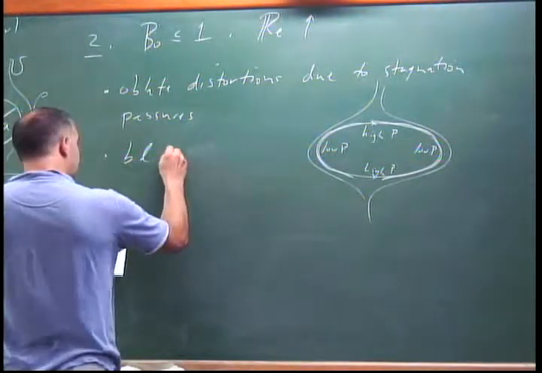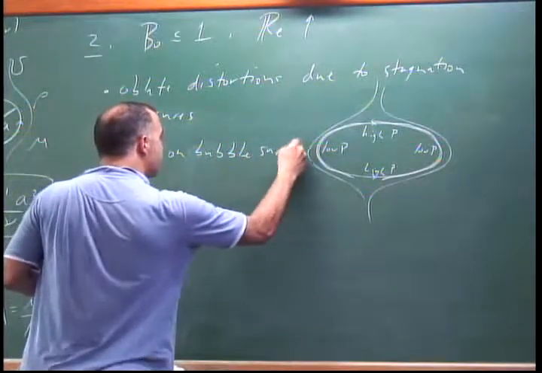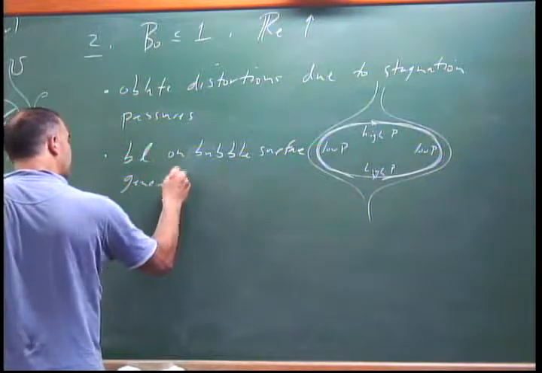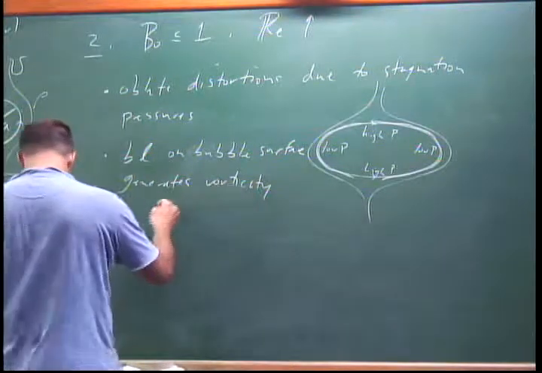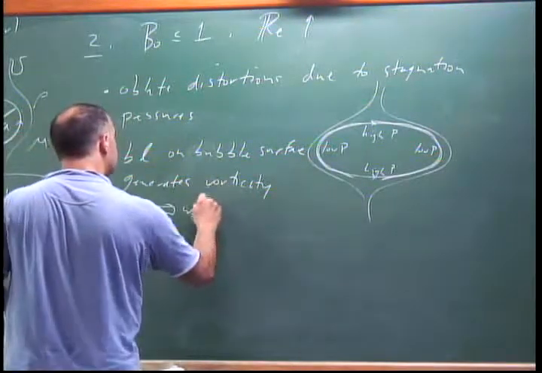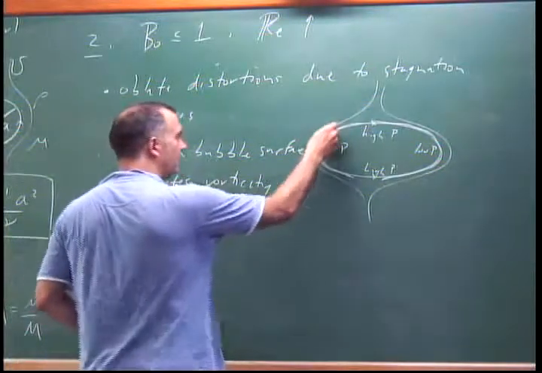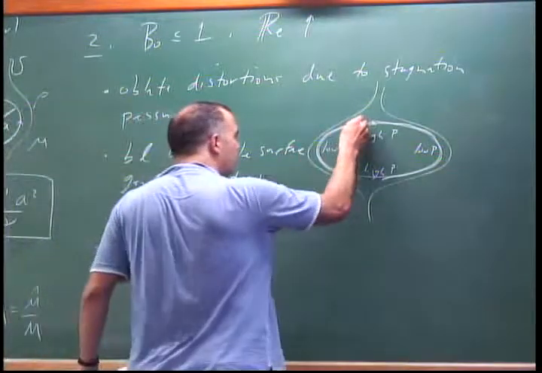The boundary layer on the bubble surface generates vorticity, and this vorticity accumulates in the form of a wake.